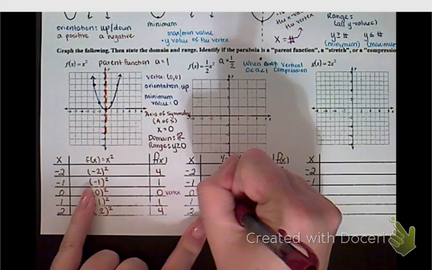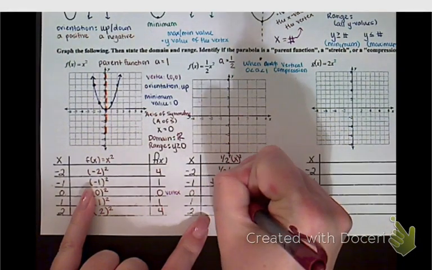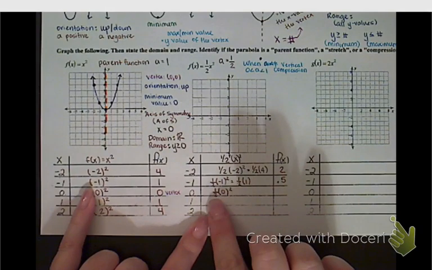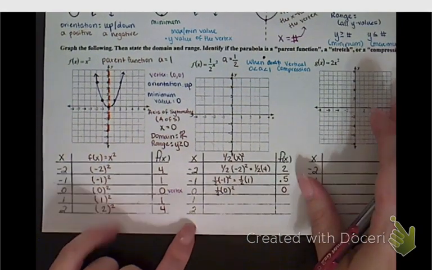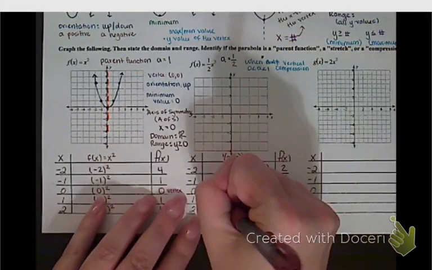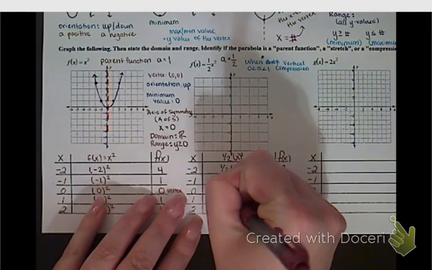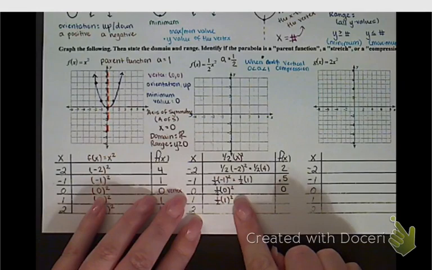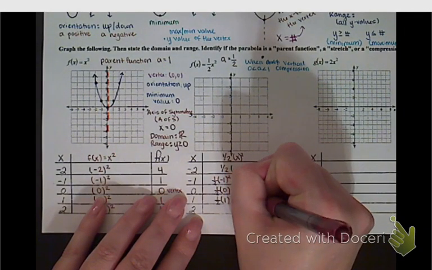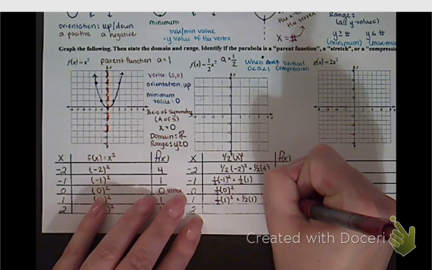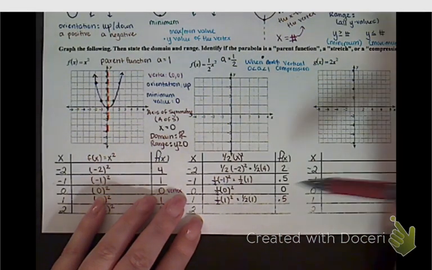If I plug in 0, 0 squared is 0, times 1/2 is still 0. If I plug in a positive 1, 1 squared is 1. 1/2 times 1 is 0.5. Are you seeing some symmetry?